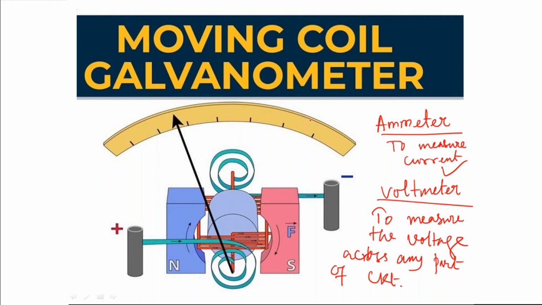Here we see that the galvanometer can be used to know the presence of current or to measure the amount of current in the circuit, as well as to measure the voltage across any part of the circuit. By seeing the deflection, you look here, this is a scale. This scale has been made by calibration.